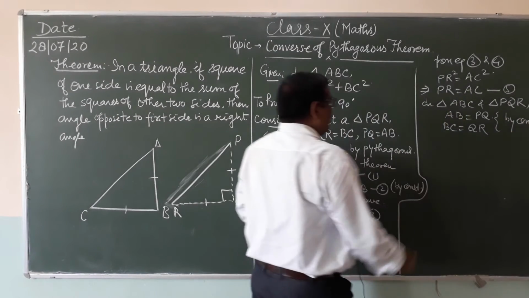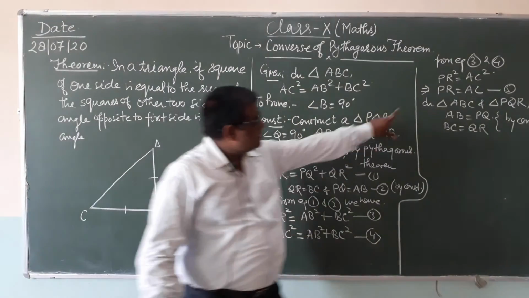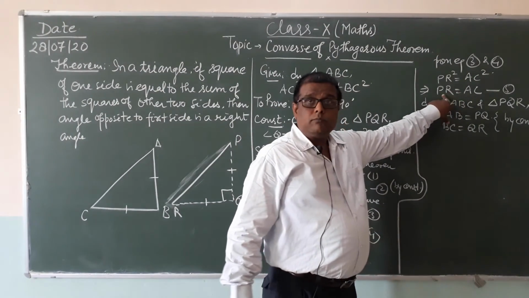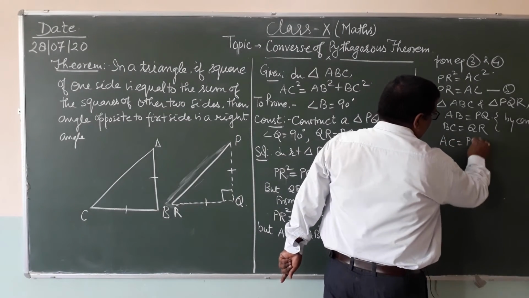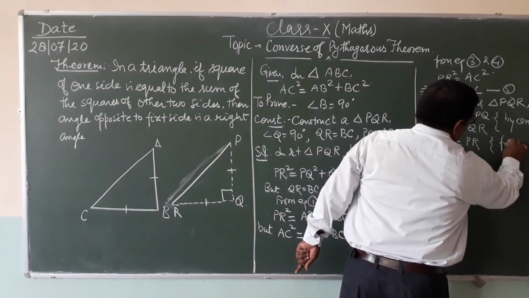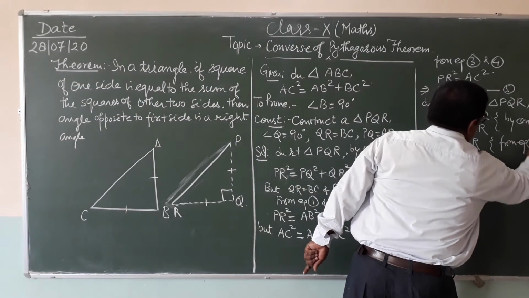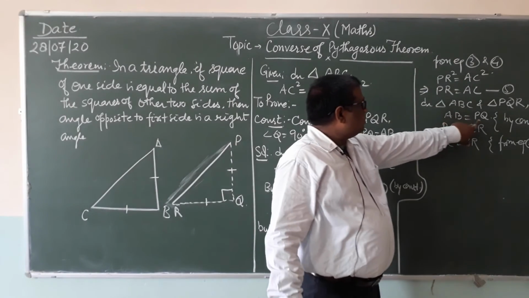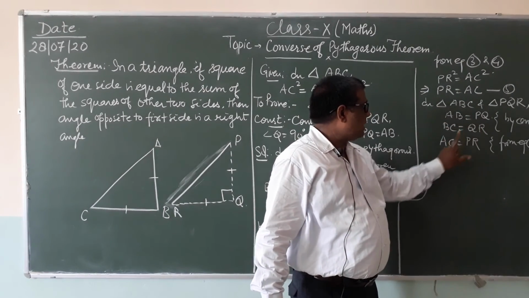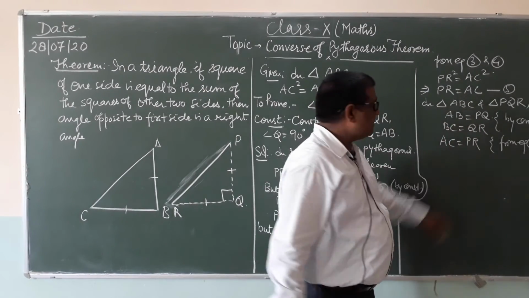Clear? And AC is equal to PR from equation 5. So AB is equal to PQ, BC is equal to QR, and AC is equal to PR.